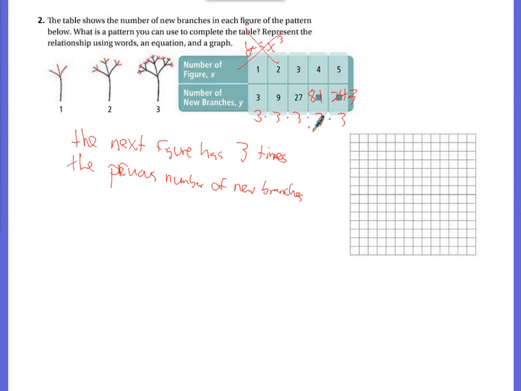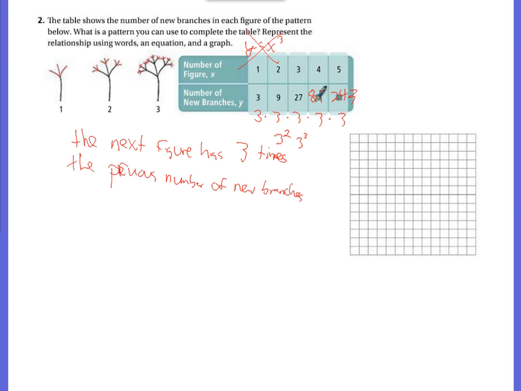We can have an exponent here. But if I want 9, I get 3 times 3, which is 3 squared, right? If I want 27, then I have 3 times 3 times 3 to get to 27, right? So that would be 3 to the 3rd power.